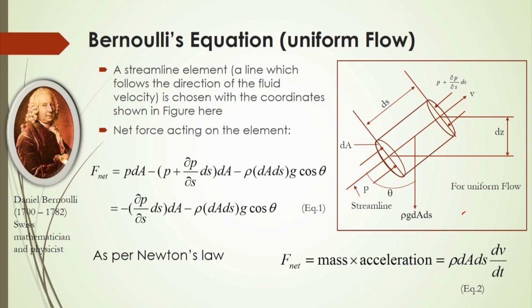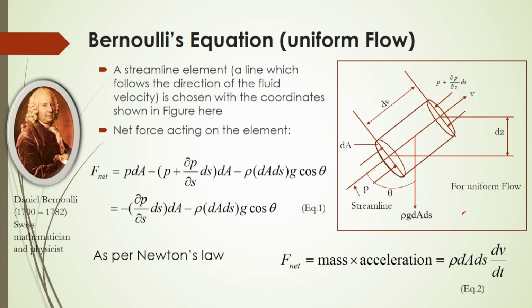So, what is the force acting on this element, and how can energy be calculated based on this force? What is the net force applied on this fluid element? Whenever fluid is flowing, there will be some pressure exerted on this cross section, and at the other cross section the pressure acts in the opposite direction.